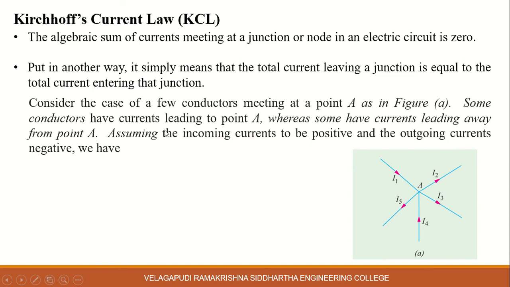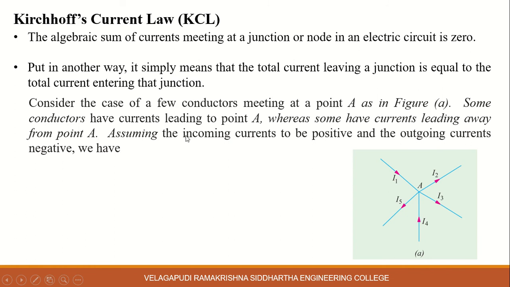Some conductors have currents leading to point A, whereas some have currents leading away from point A. So some currents are entering node A, and some are leaving. Entering currents are I1, I4, and leaving currents are I2, I3, I5.